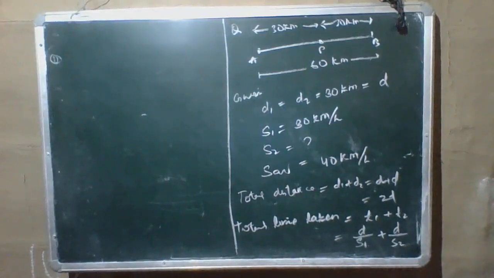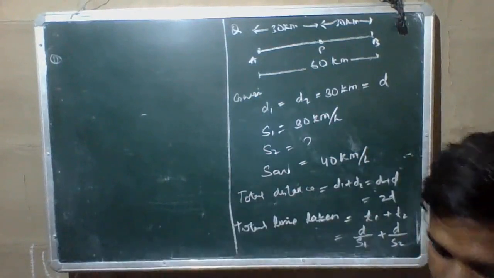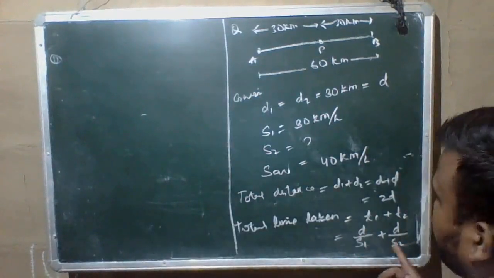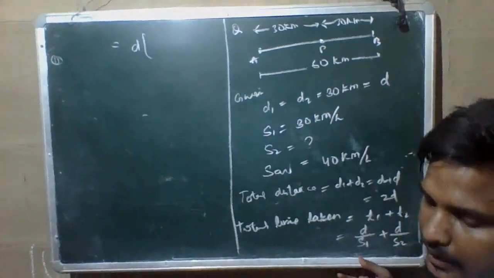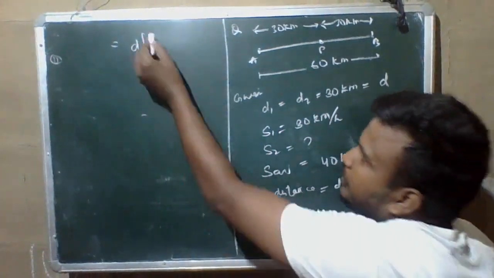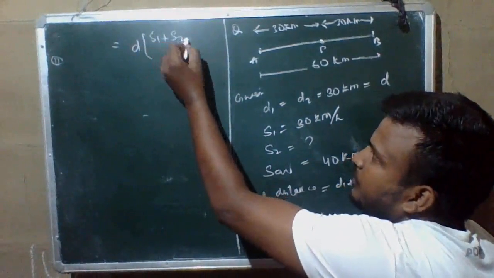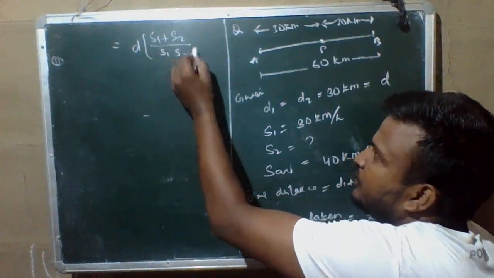Now if we take d common, the remainder inside will be S1 plus S2 divided by S1 S2, if we take the LCM.